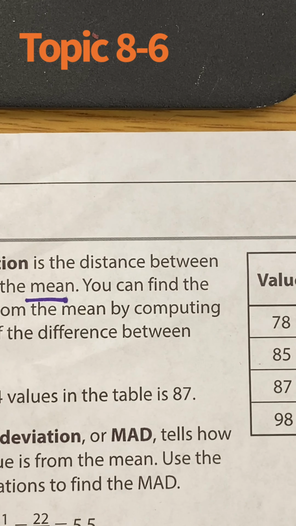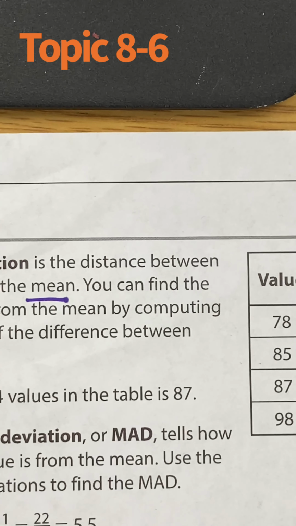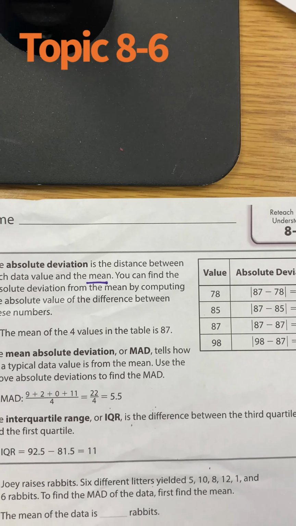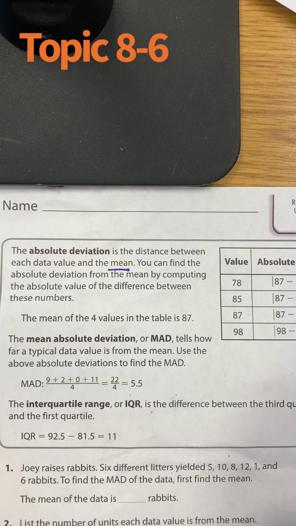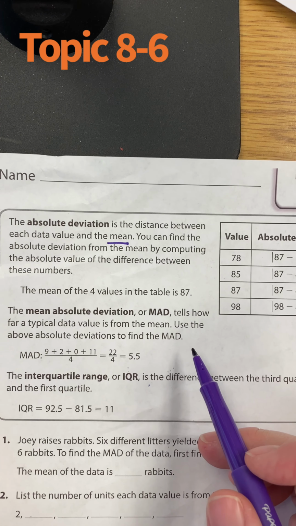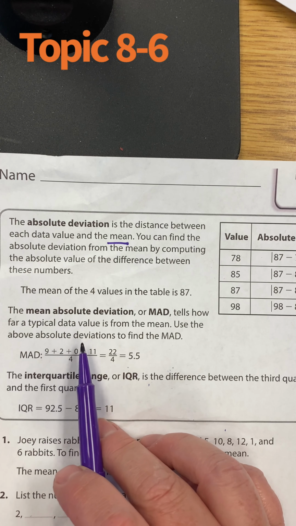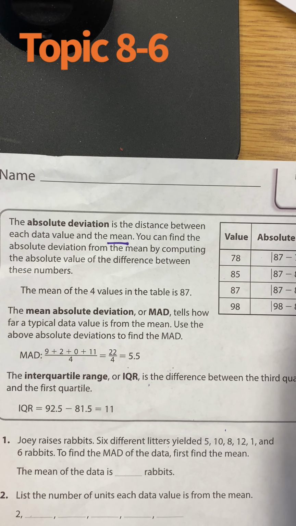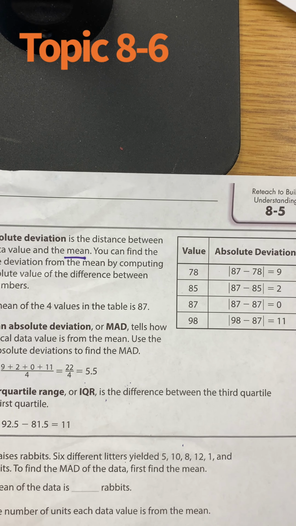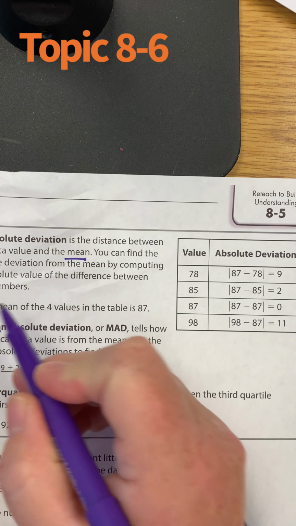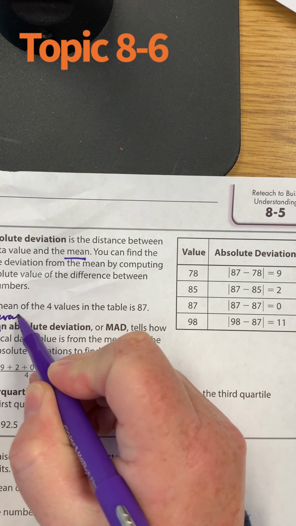Okay. So then, zoom a little out here. The mean absolute deviation just tells you how far the typical data value in the set is from the mean. You're going to find the average, basically, of the absolute deviations. Look at its name, mean, so that's like average.